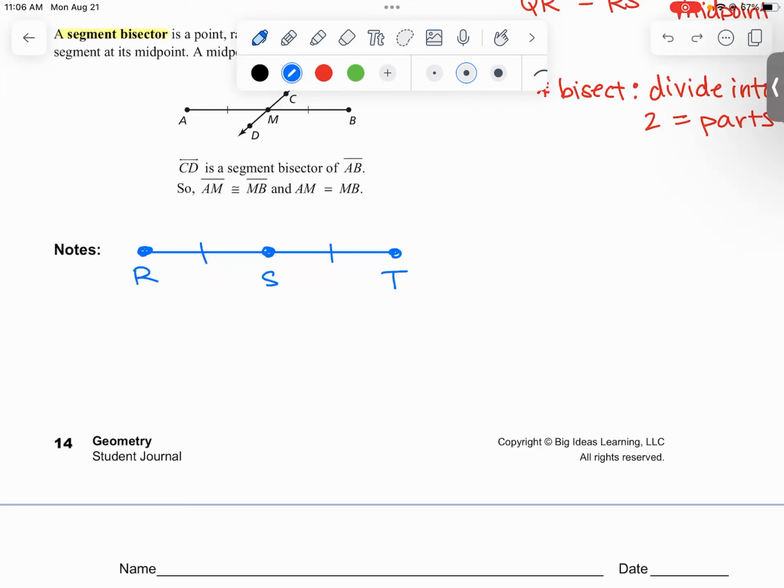If RS is 24, then what is the length of ST and what is the length of RT? Don't say anything yet, please. I just want you to think about it.